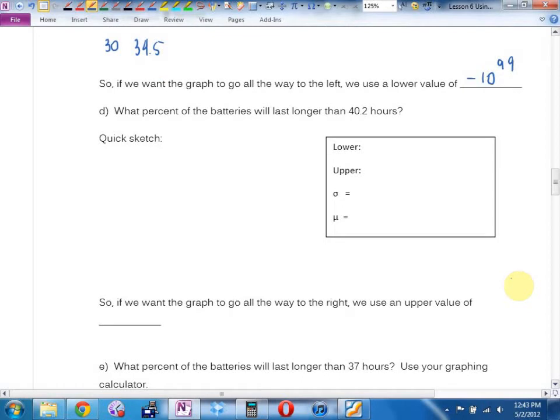Quick sketch. There's 34.5. Rachel, where would 40.2 go? To the left or to the right of 34.5? Right here.